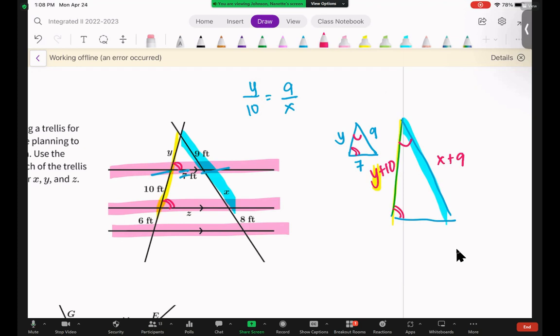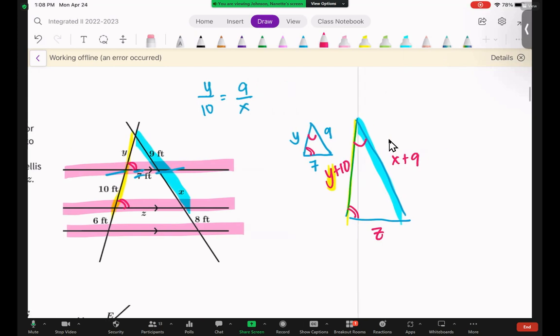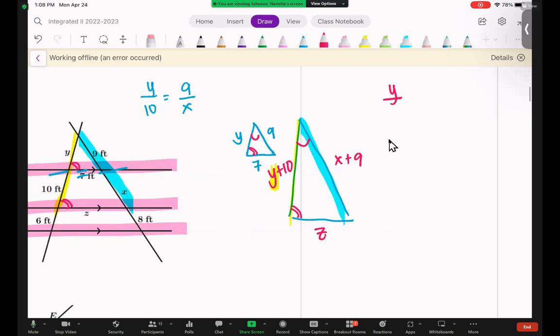Oh, and this is z on the bottom. So y over y plus 10 equals 9 over x plus 9. Does that make sense? Okay.